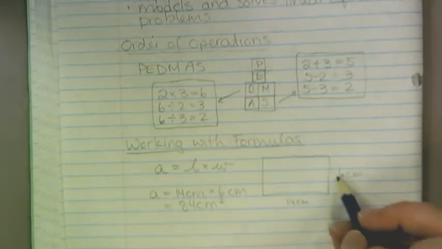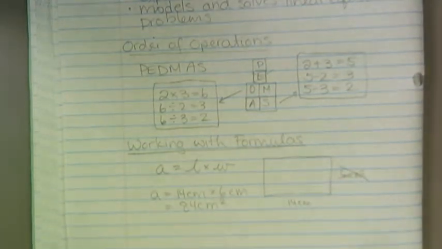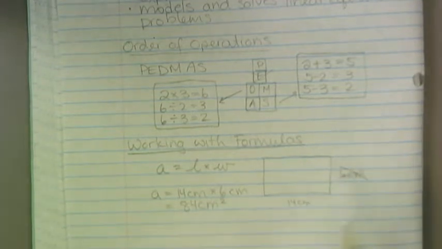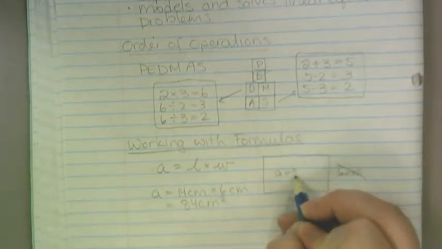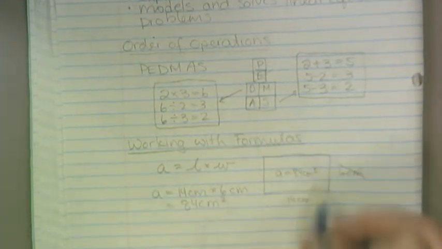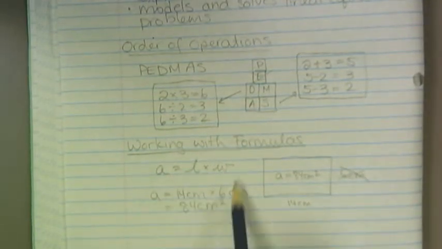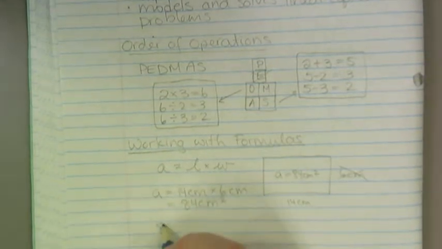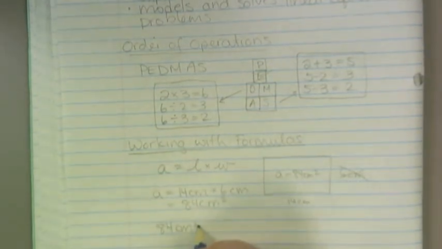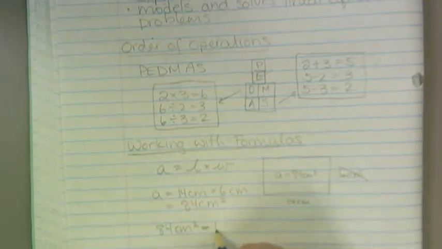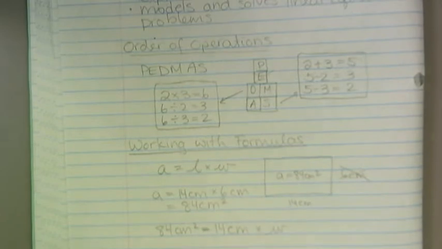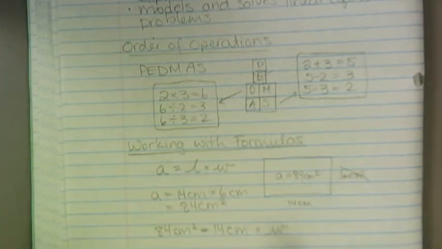But let's say that we didn't know what 6 was. We didn't know the width of our rectangle, but we did know that the area equaled 84 centimeters squared. Using this formula, we can figure out what that equals, because 84 centimeters squared equals 14 centimeters, we know that, times width. So how would we figure out what the width was?